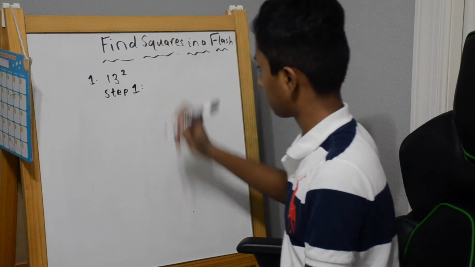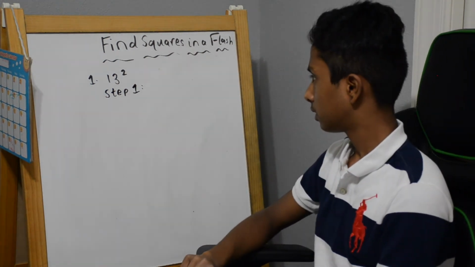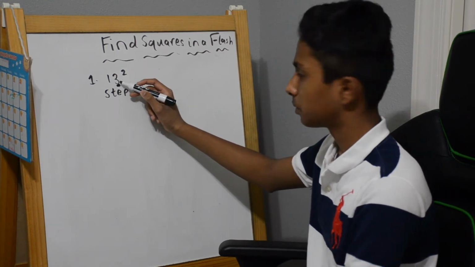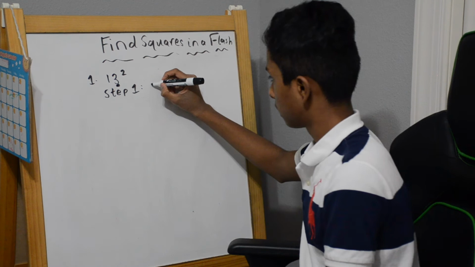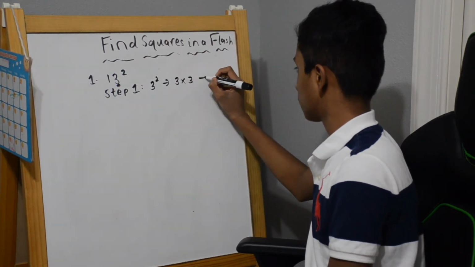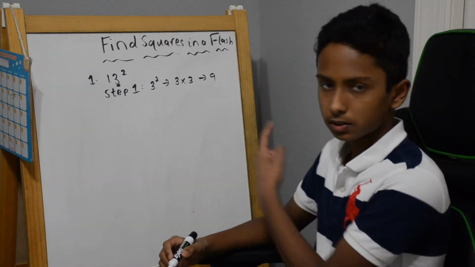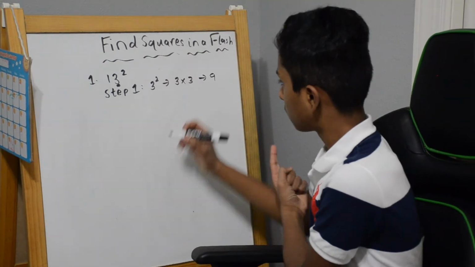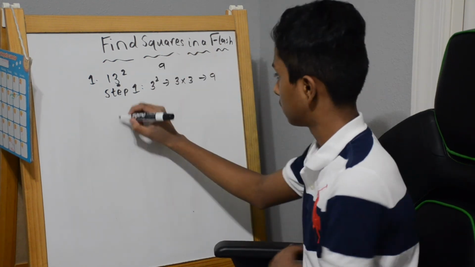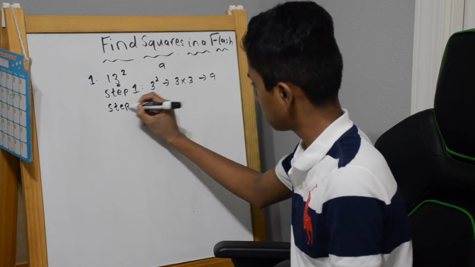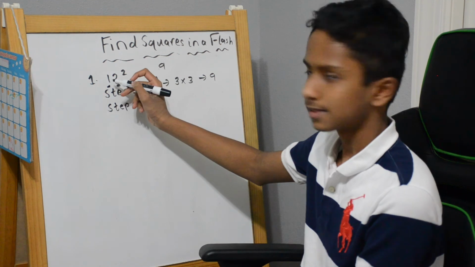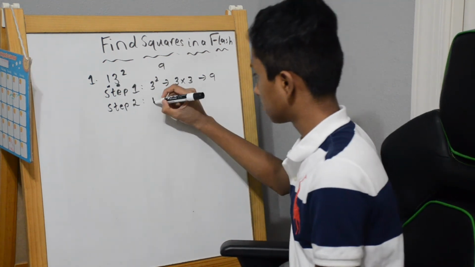Step 1 is to find the last digit squared. That's 3 squared. What is 3 squared? 3 squared is 3 times 3, and that is 9. So that's step 1. You got one part of your answer, and that's 9 right here. Step 2 is to multiply 1 times 3 and then double it.